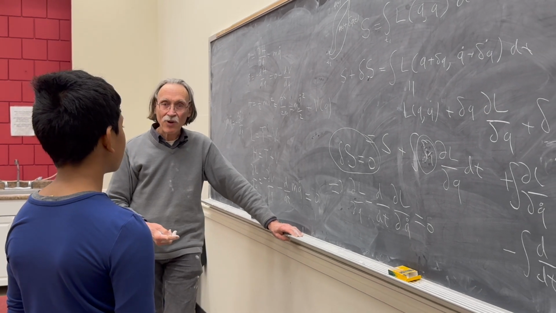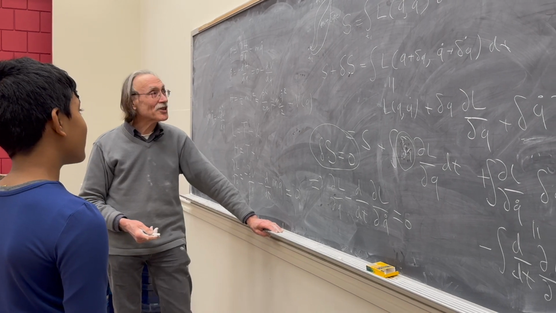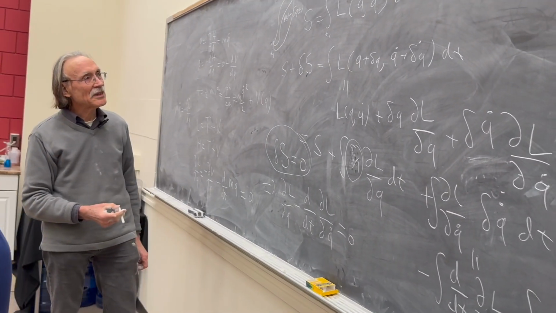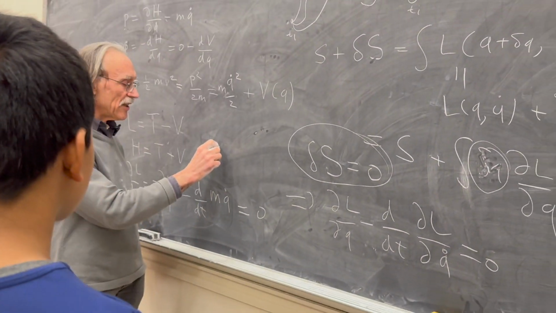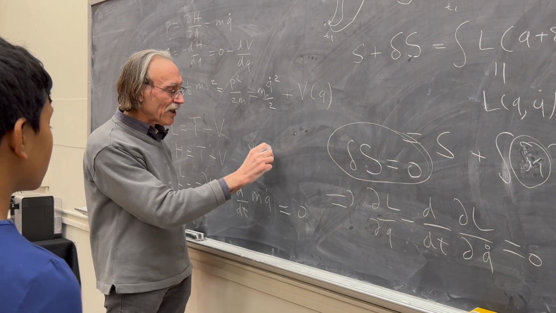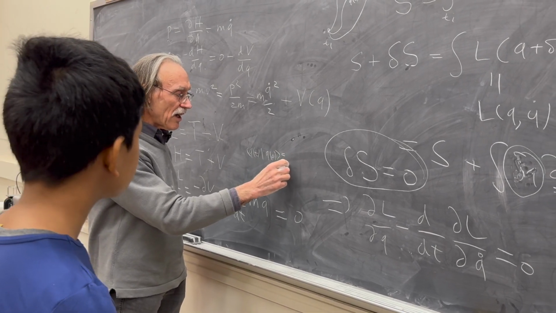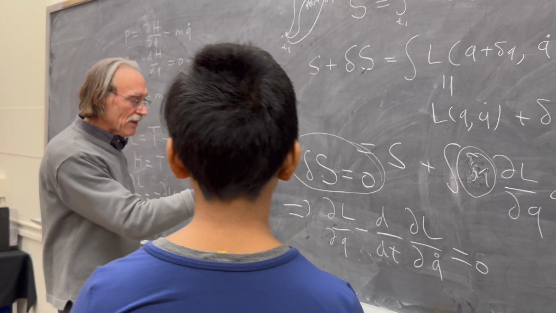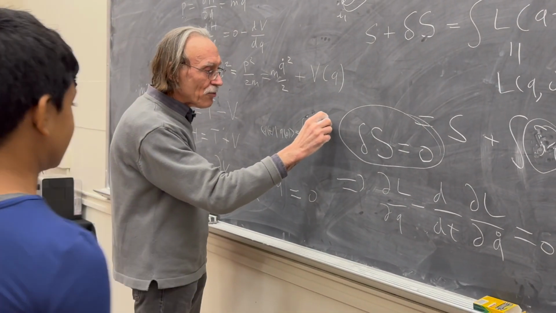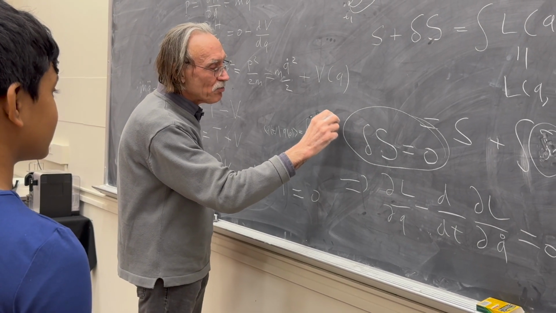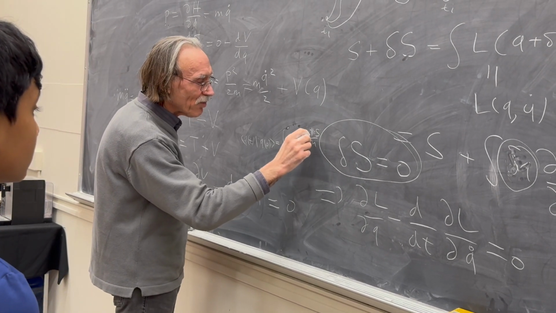It has to do with quantum mechanics. Because in quantum mechanics, if you want to find the amplitude to go from q equal to t to q equal to 0, it is given by e to the power i S divided by h bar.